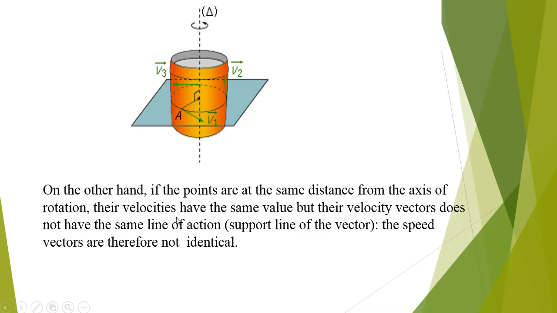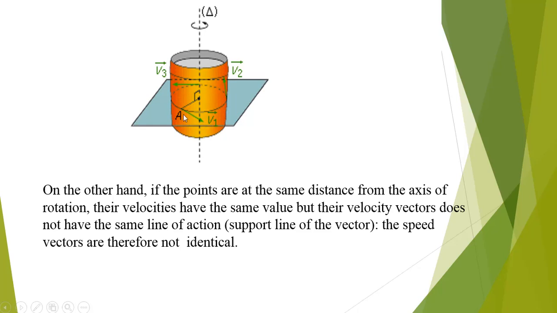If we observe this figure, we find that the length of velocity vector v1 is equal to that of velocity vectors v2 and v3. So the magnitude v1 of velocity vector v1 is equal to the magnitude v2 and the magnitude of v3.